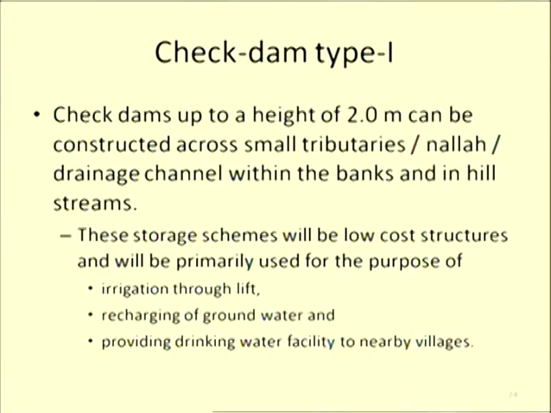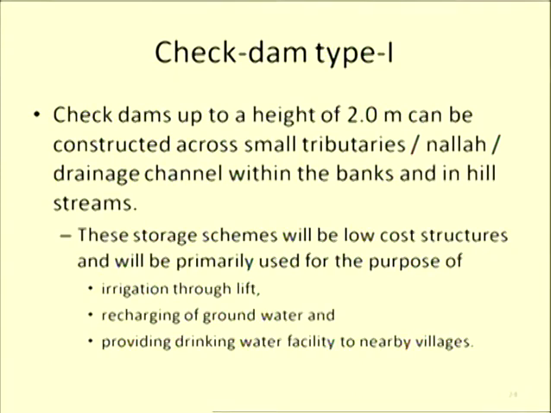This is the first type of check dam, type 1 we call it, a very simple structure, having a height of 2 meters, and it can be constructed across small tributaries, very small nala kind of, say secondary or tertiary kind of drainage system. In hydrology, if it is a very small drainage, then it is called a primary drainage system.